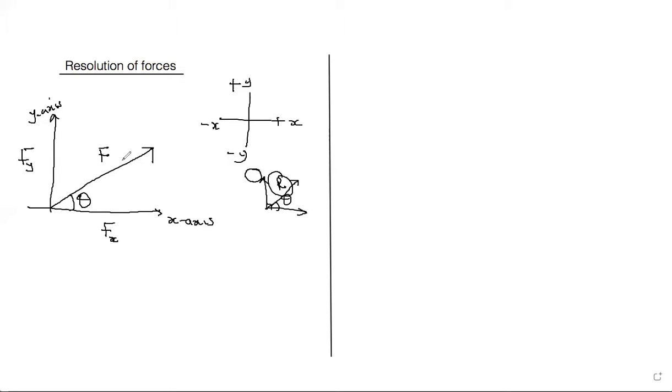To obtain the magnitude of these components, if the component along y is Fy and the component along x is Fx, I complete this triangle. From this triangle, sine theta will be opposite Fy over hypotenuse F. I know the value of F and the angle, so I can determine Fy.